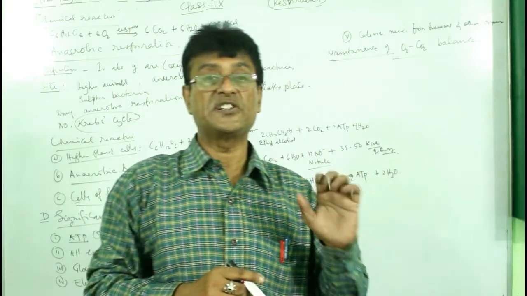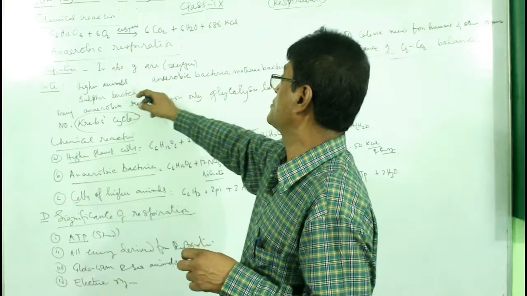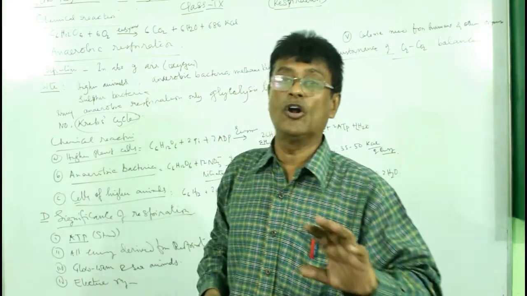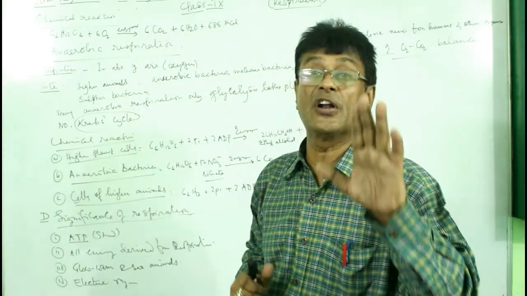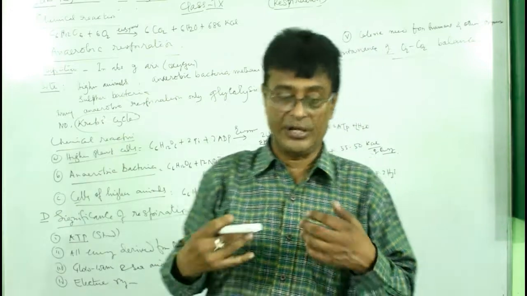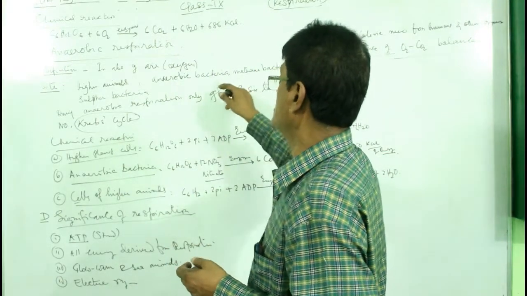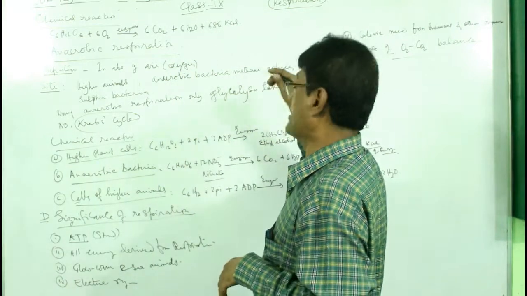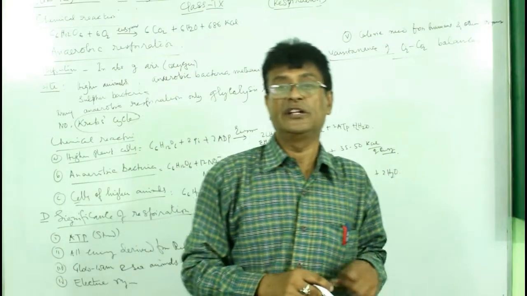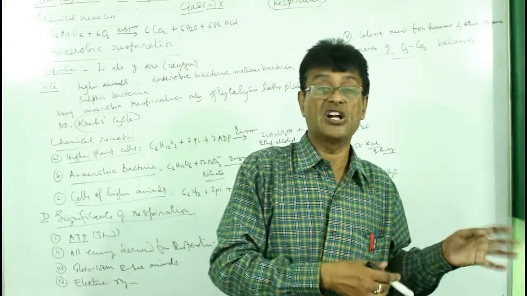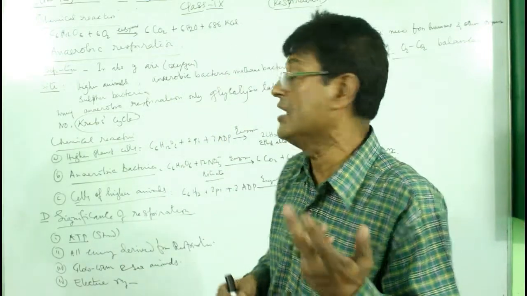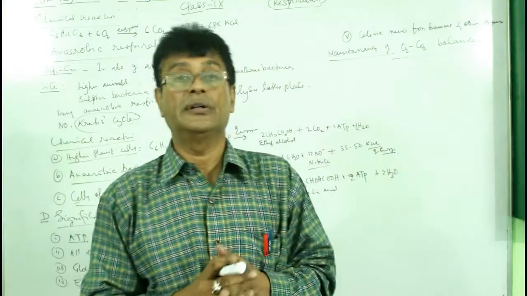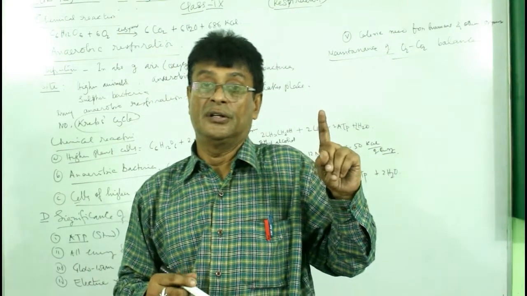Now, where does this respiration occur? The site for anaerobic respiration: in higher animals, and we are also higher animals; in anaerobic bacteria, some bacteria which are absolutely anaerobic, so they respire without the help of oxygen; in methane bacteria, where methane gas is produced in marshy places; and in sulfur bacteria, which also respire without oxygen or air.